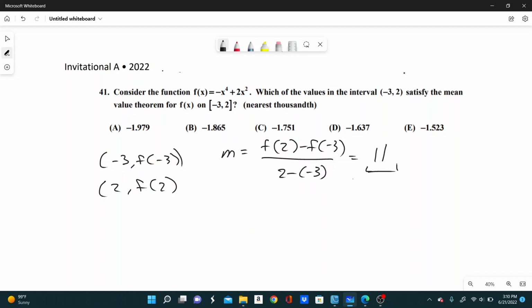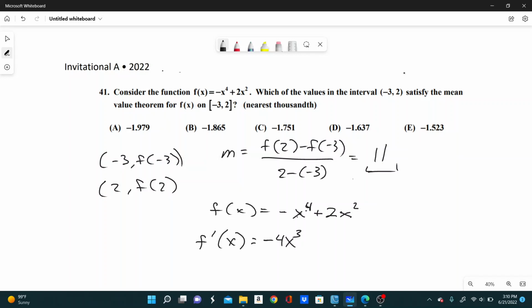To do that, I can take the derivative of f of x. If f of x equals negative x to the fourth plus 2x squared, then f prime of x, if we just use the power rule, we take our exponent and multiply it by the coefficient, so 4 times negative 1 gives you negative 4, and then decrease the exponent by 1.